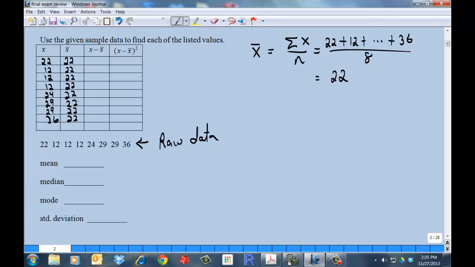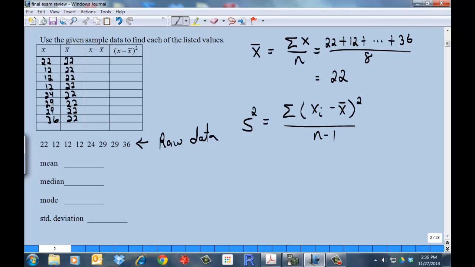Now the next thing we want to do is go ahead and write down the formula for the sample variance and sample standard deviation. So the variance is going to be the sum of xi minus x bar squared divided by n minus 1. So we have to find this quantity here, xi minus x bar, and that's what we're going to do here.